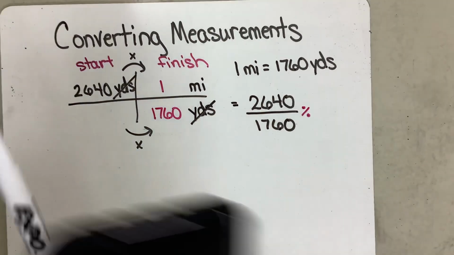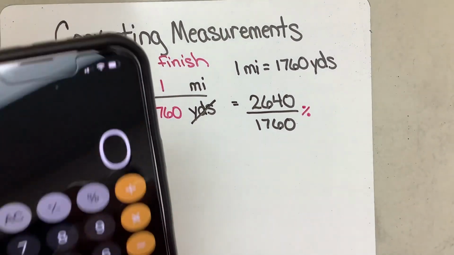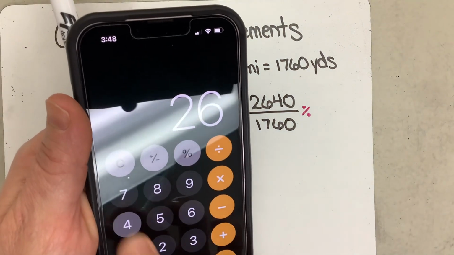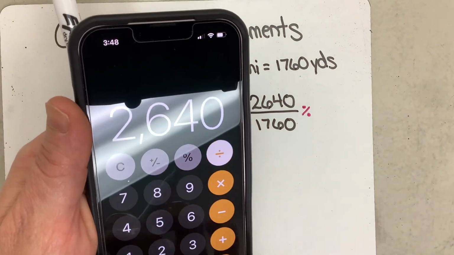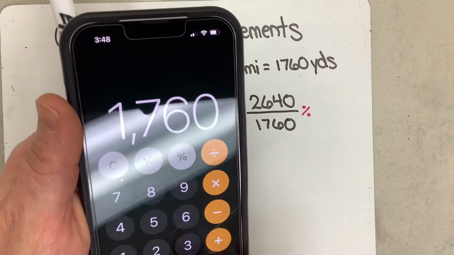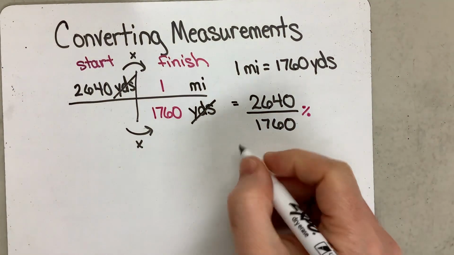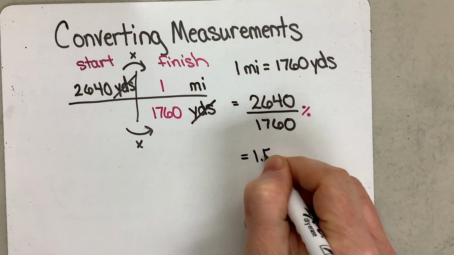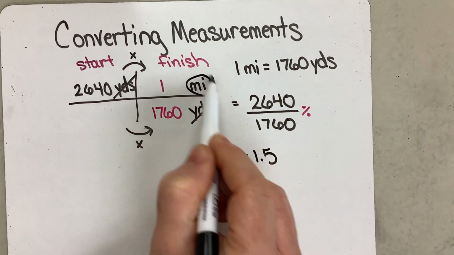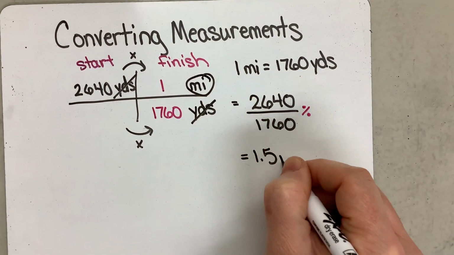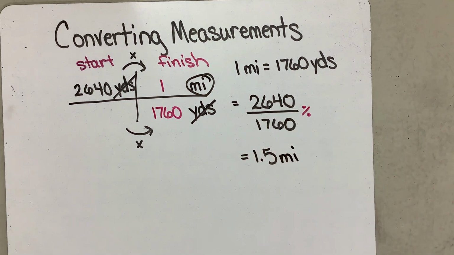So when I divide this, I am going to take 2,640 and I'm going to divide it by 1,760 and I get 1.5. I need to be very careful that I find what I'm supposed to be ending with and make sure I do include the units. Okay, so that is 1.5 miles.